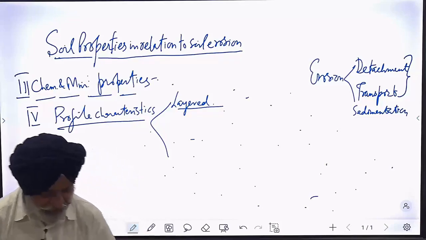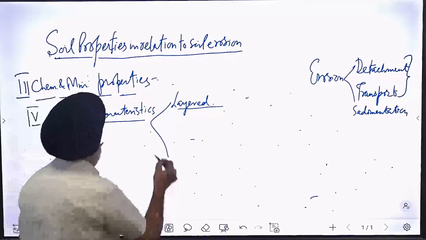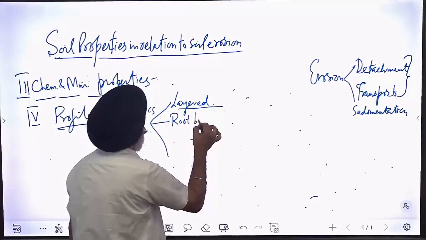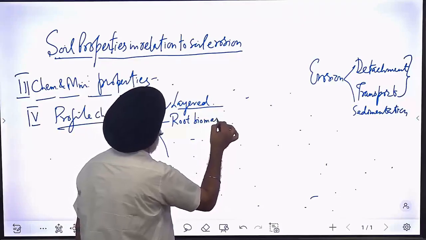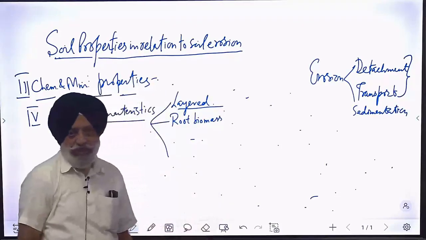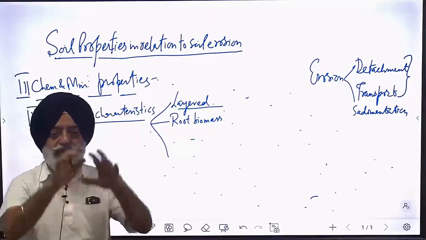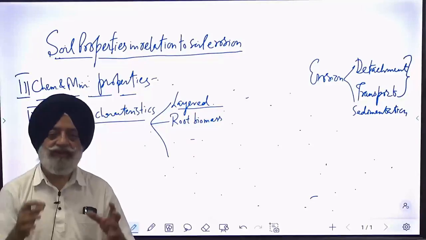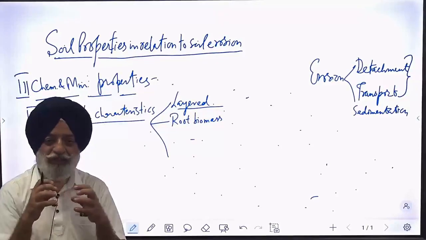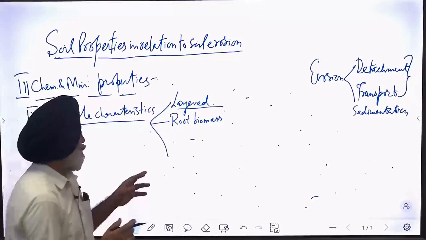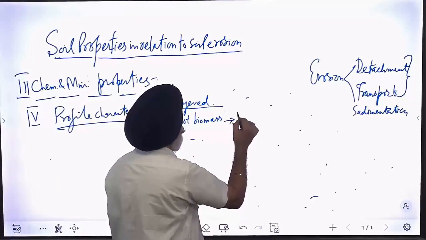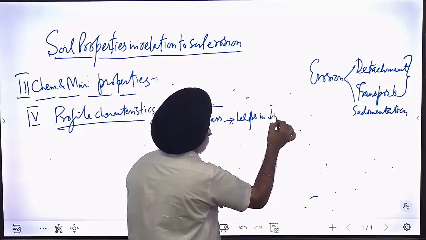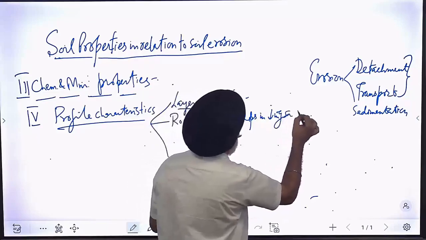Number two is the vegetative growth, I should say the root biomass. If vegetation is growing on such soil, and because of vegetation the root biomass in the profile is well developed, such root biomass keeps the soil particles bound together. So this root biomass helps in reducing soil erosion.